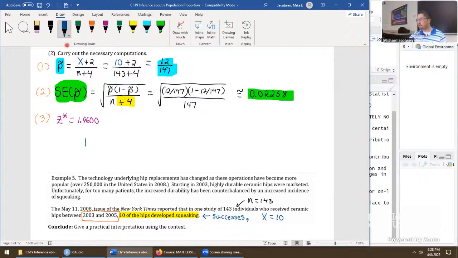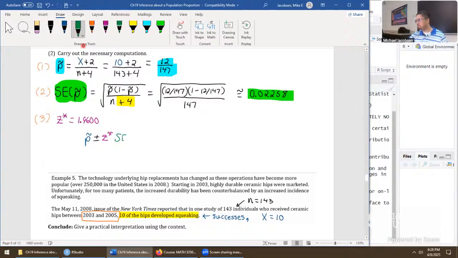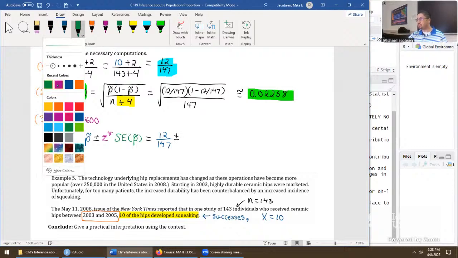So the method goes, not P hat this time, it'll be P tilde plus or subtract our Z star multiplied against the standard error P tilde. So now this becomes equal to, for P tilde, I'll still drop in the exact value, 12 over 147ths. Add subtract 1.9600.